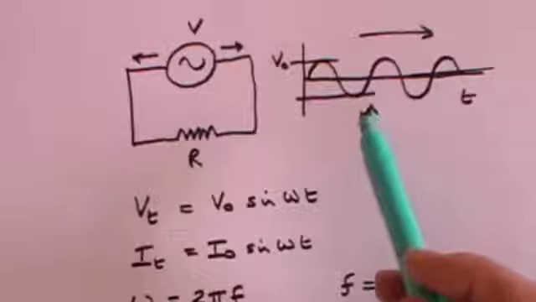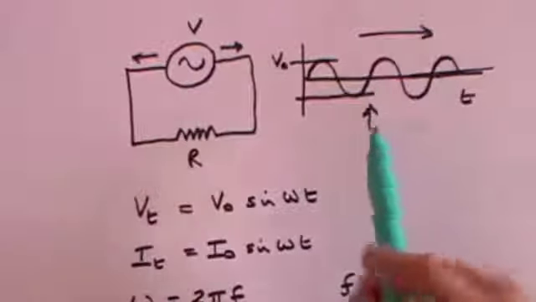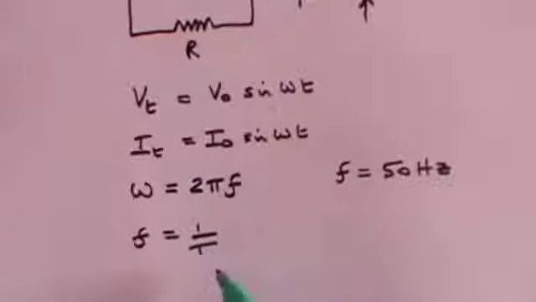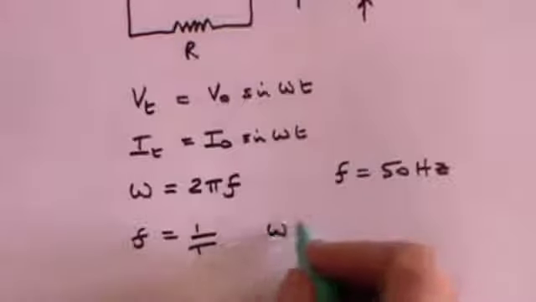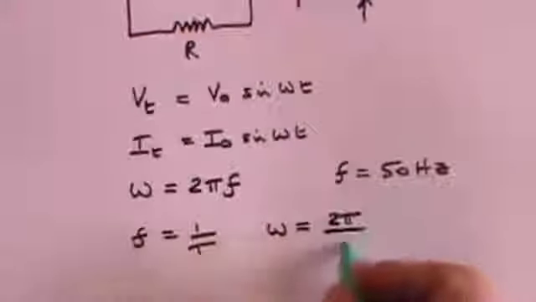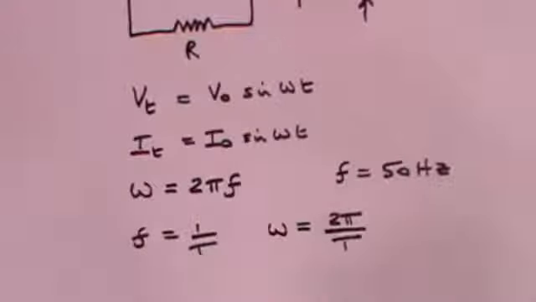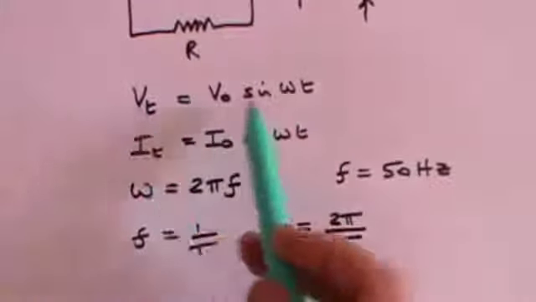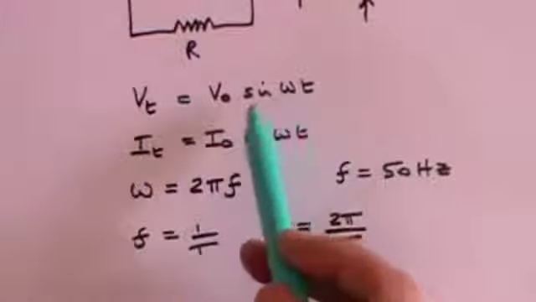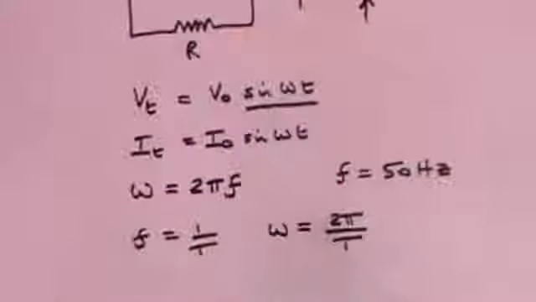The period is the time it takes for one wave to go past that point. So the frequency is simply the inverse of the period. And if omega is 2 pi f, then omega must also be 2 pi over T, since f is 1 over T. So now let's have a look at this formula. Let's do the voltage. And we'll take just this term, sine omega t.